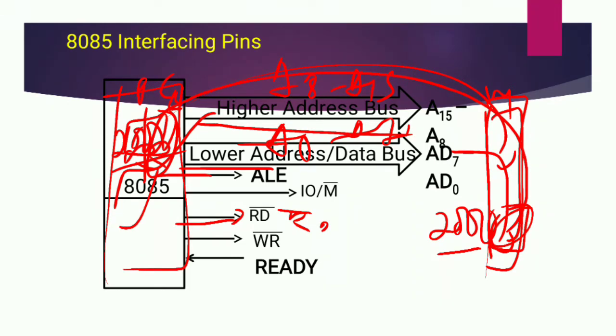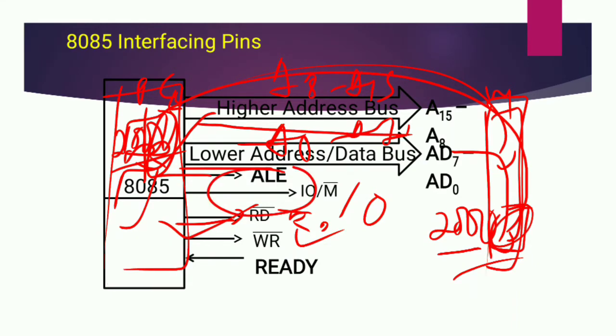Here the microprocessor is communicating with the memory, so IO/M bar is low, meaning interfacing with the memory. This RD bar is generated through the control bus when the microprocessor wants to read data from the memory. If the microprocessor wants to write data into the memory, then the WR bar signal is generated.